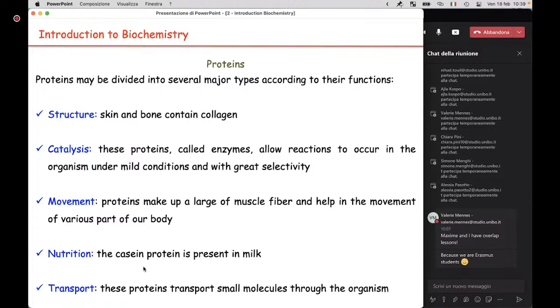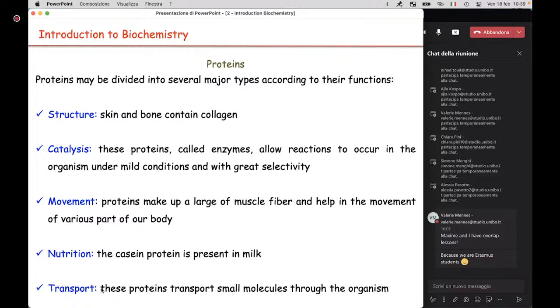So it is a specific nutritional function, but not structural or something else, okay? So it is just in milk to provide specific amino acids to the baby, okay?